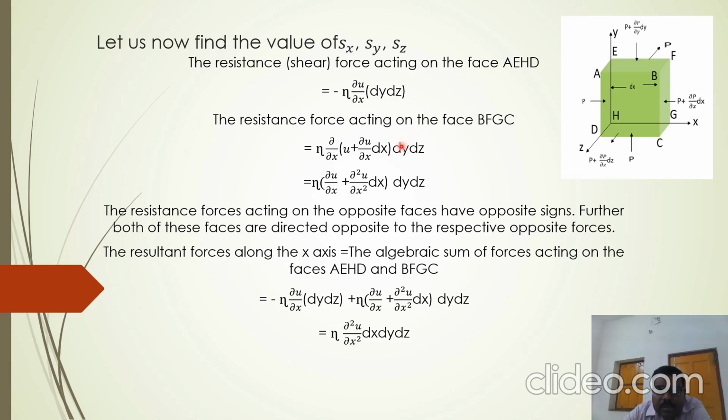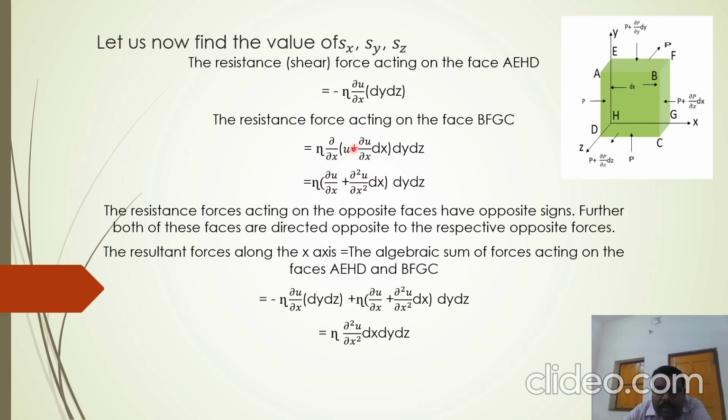Similarly, the resistance force acting on the face BFGC, that is this face, is eta into del by del x. Here the velocity is u plus del u by del x into dx, into the area of this plane, dy dz.